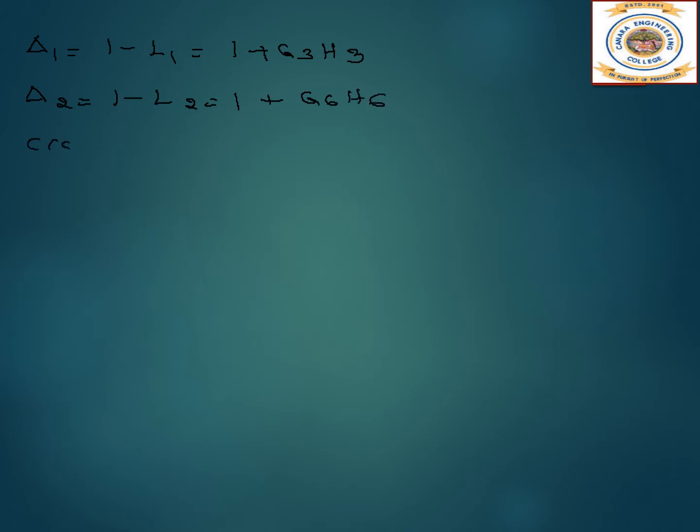So what is Mason's gain formula? C of S by R of S is equal to (P1 delta 1 plus P2 delta 2) whole divided by delta.